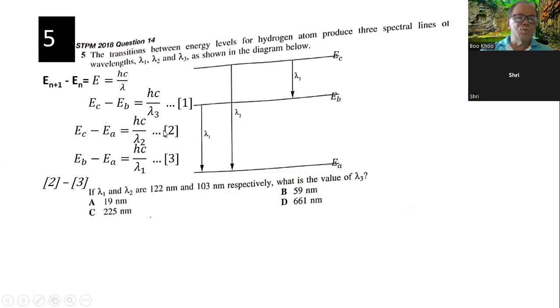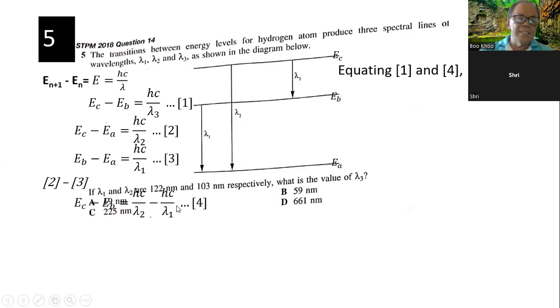Okay, so 2 minus 3. 2 minus 3, because you want this one, EC minus EB. Okay, 2 minus 3, so EA will go off, EC minus EB, EC minus EB, and this one minus that one, no?